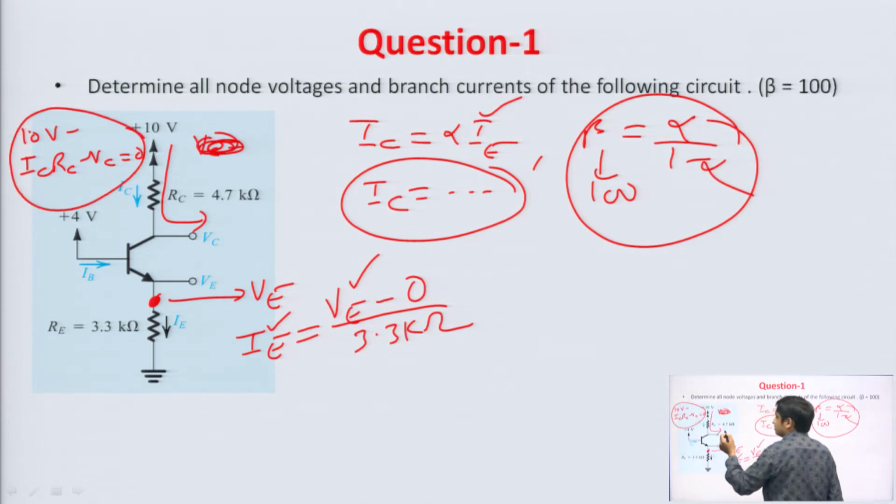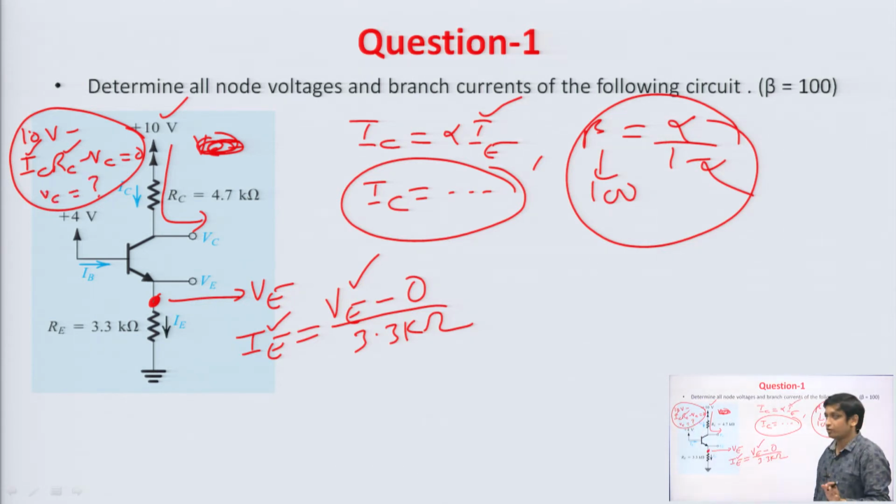This is the equation, fine. If we apply the KVL, then 10 volt minus ICRC minus VC is equal to 0. 10 volt is the supply voltage that is given, and we have already calculated the value of collector current. RC is given, that is 4.7 kilo ohm. So, you can find out the value of collector voltage from here. So, we have got the collector voltage also.